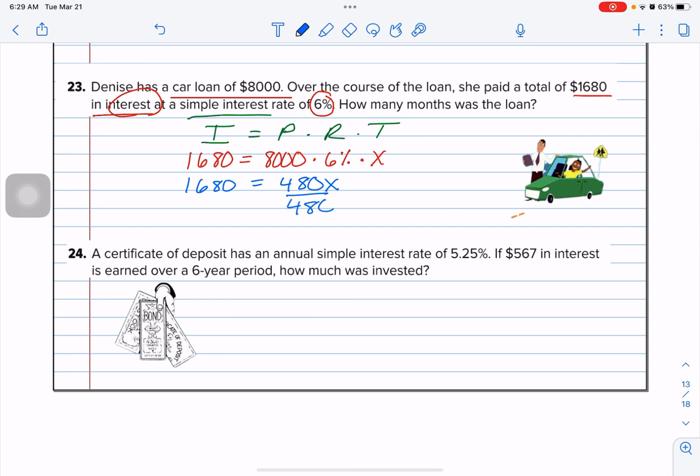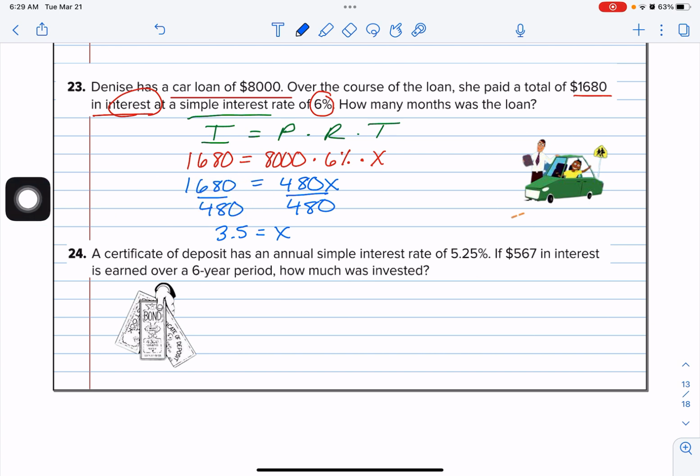So you're going to divide both sides by 480. If I take 1,680 and divide it by 480, I end up with 3.5 equals x. And I could always check that back in my calculator by doing 8,000 times 6% times 3.5. And if I get the number I have here, then I know I'm correct.